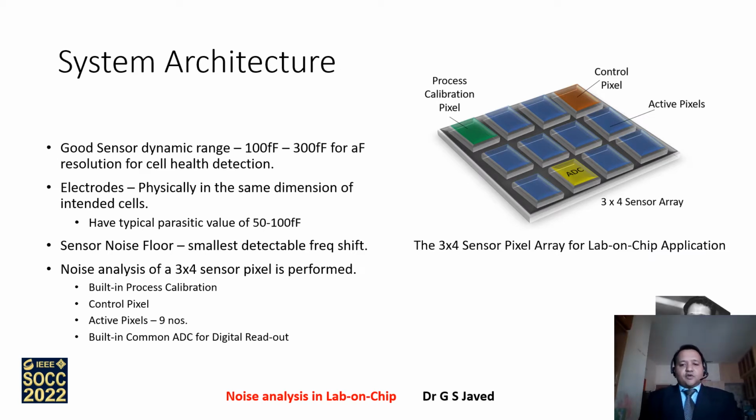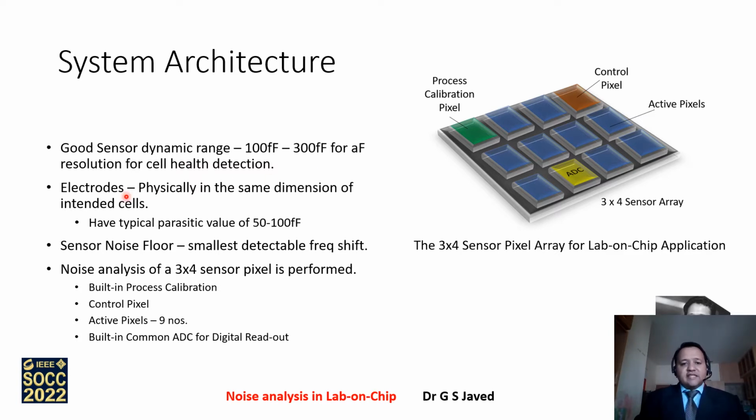A 3x4 sensor pixel array for lab on chip application was designed in this work. The sensor dynamic range is expected to be about 100 femtofarad to 300 femtofarad for attofarad resolution of cell health detection.